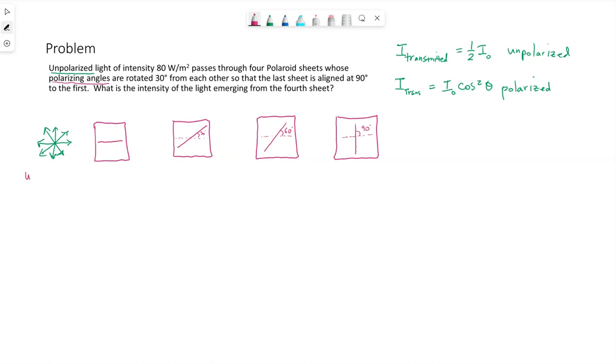Since we are starting with unpolarized light, this has an intensity of 80 watts per meter squared, according to the problem.